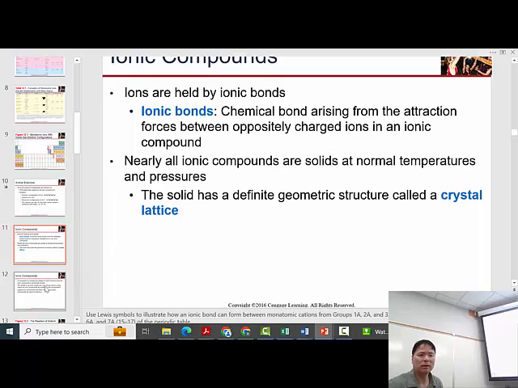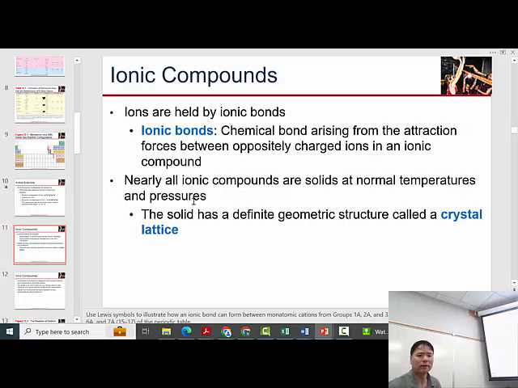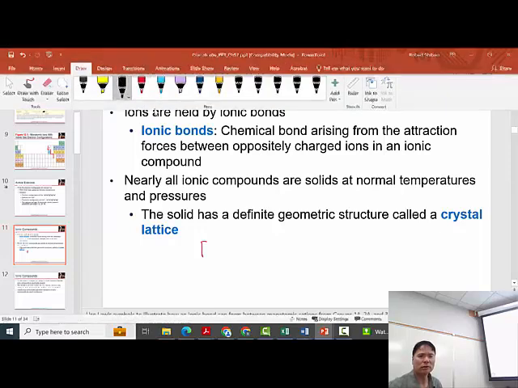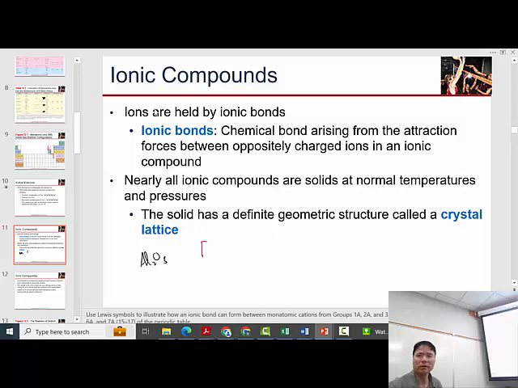When we draw the Lewis structures for ionic compounds, they look like what we had drawn earlier in the class. And so if I wanted to draw the aluminum oxide structure, it's going to look something like this. We're going to have oxide and aluminum ions in a lattice, and we're going to have 2 aluminums and 3 oxygens.